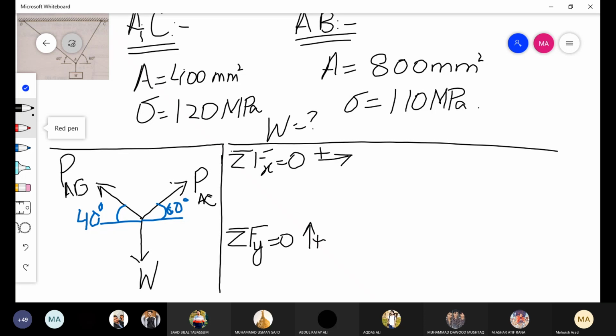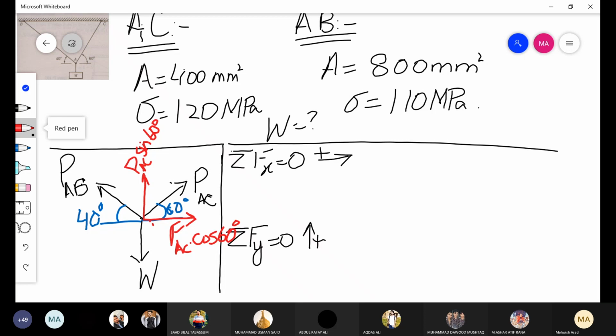So from here, we can resolve the forces PAC and PAB into components. X component of PAC will be PAC cos of 60 degrees and PAC sine of 60 degrees.